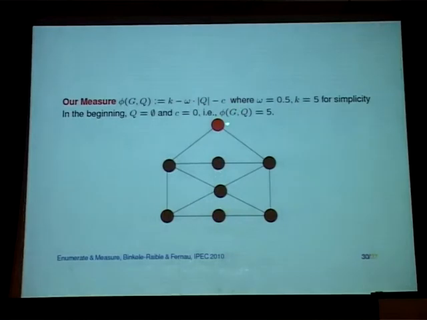Now what happens if I do the very first step? I will look at the very beginning, so we have no contract applications and things like that. We have no predetermined vertices, and so the measure here will be just the k. If k is 5, it will be just 5, and I will assume omega equals 0.5 for the moment here.